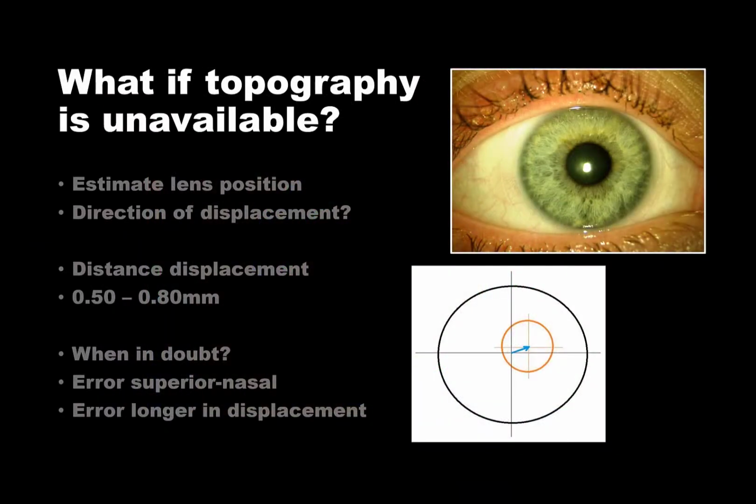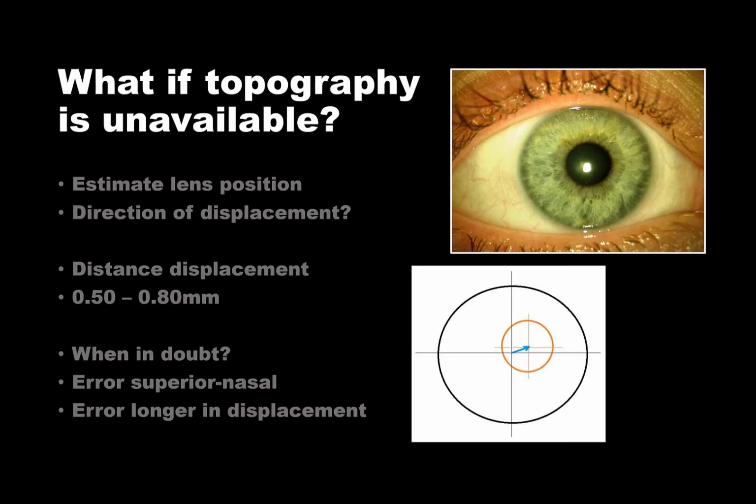What if we desire to fit an ICD FlexFit multifocal lens, but topography isn't available? Well, we could estimate the lens position and direction of displacement. If you observe a small amount of lens decentration in relationship to the iris and the pupil, then move the optics 0.5 millimeters. If you see a more typical decentration of the scleral lens on eye, then move the optics 0.8 millimeters.